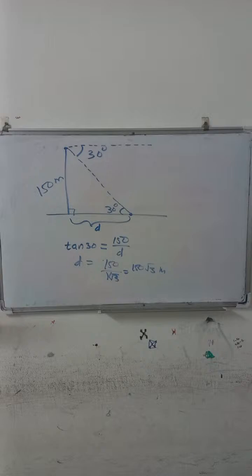If the ladder makes an angle 60 degree with the pole, calculate the height of the pole.